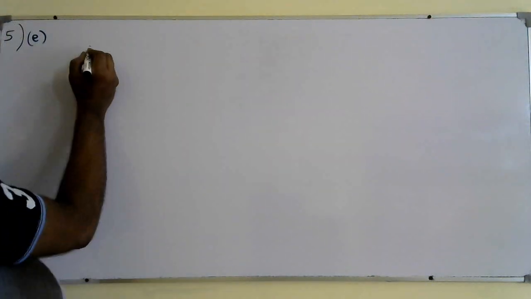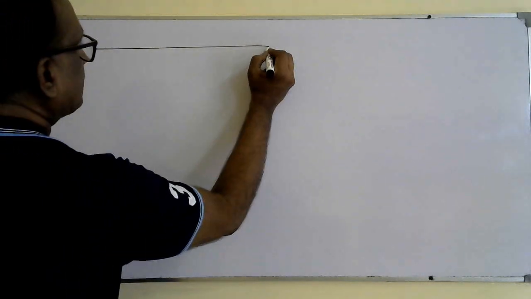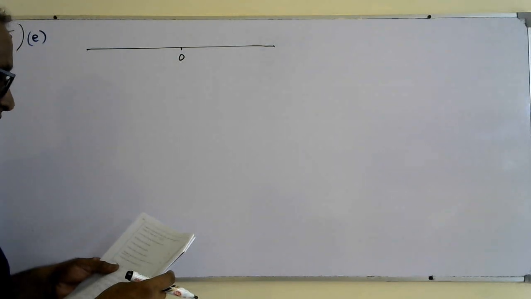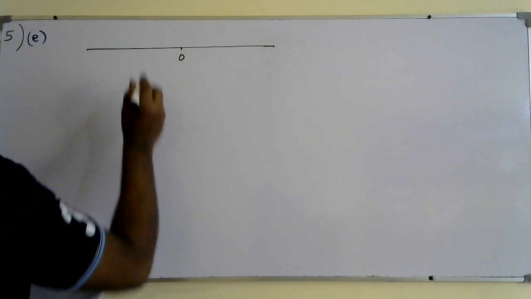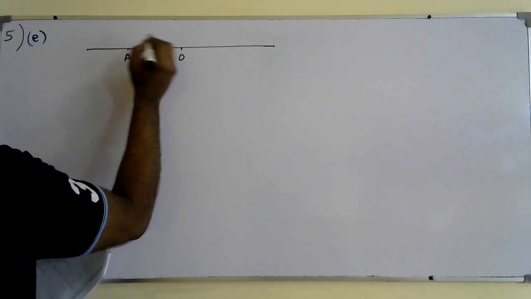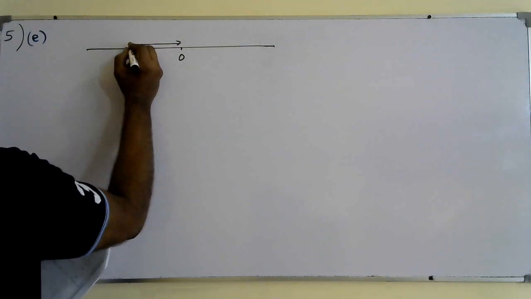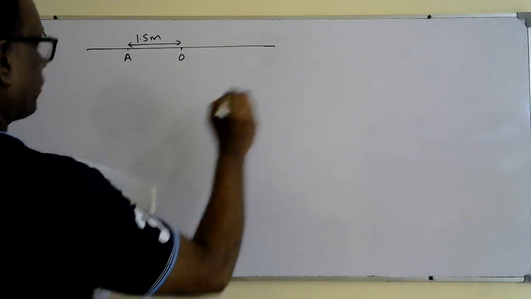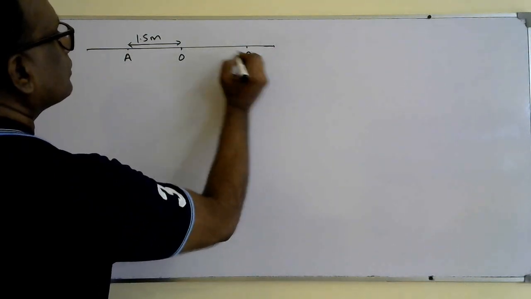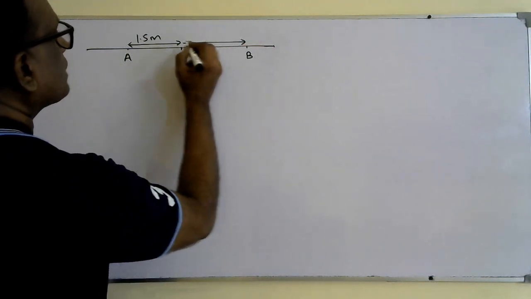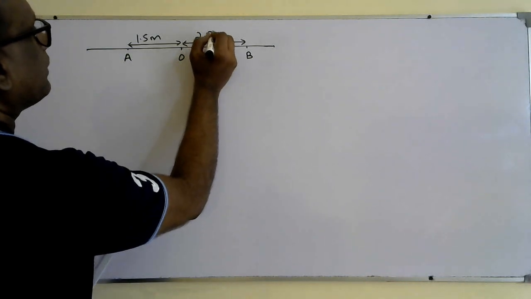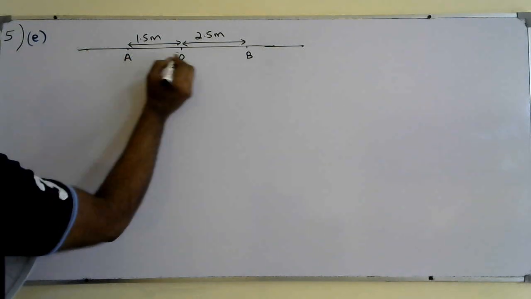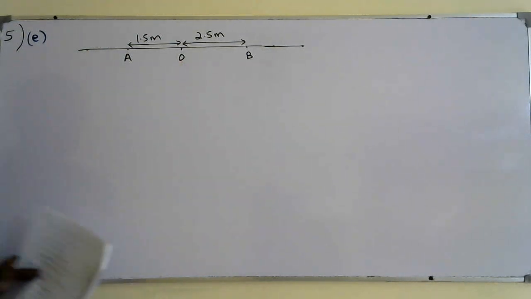If I consider this as the O, A is on the left side 1.5, and B is 2.5 meters, but the extreme positions are somewhere here, 4 meters from the O, right?